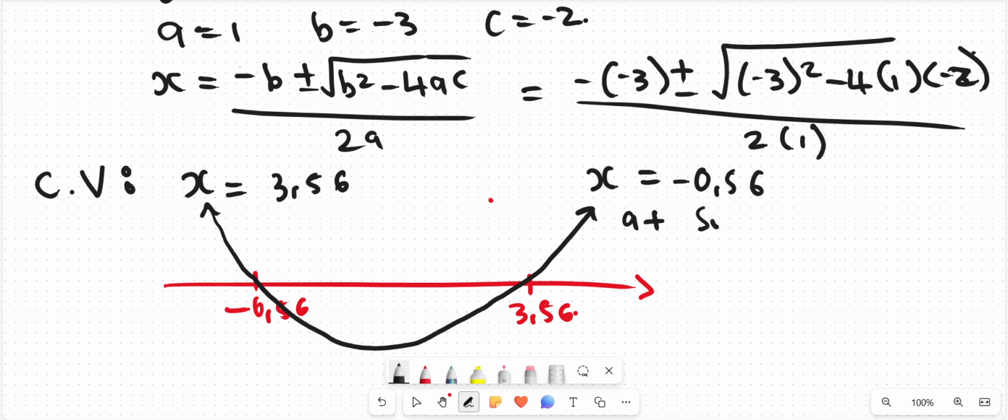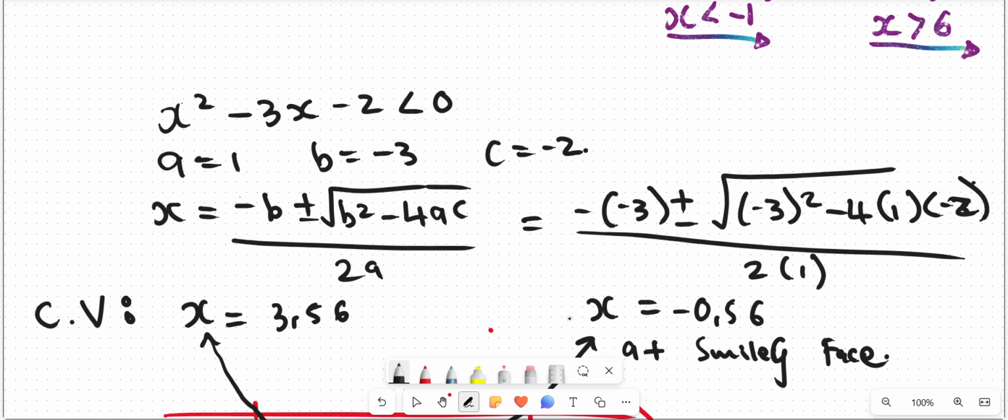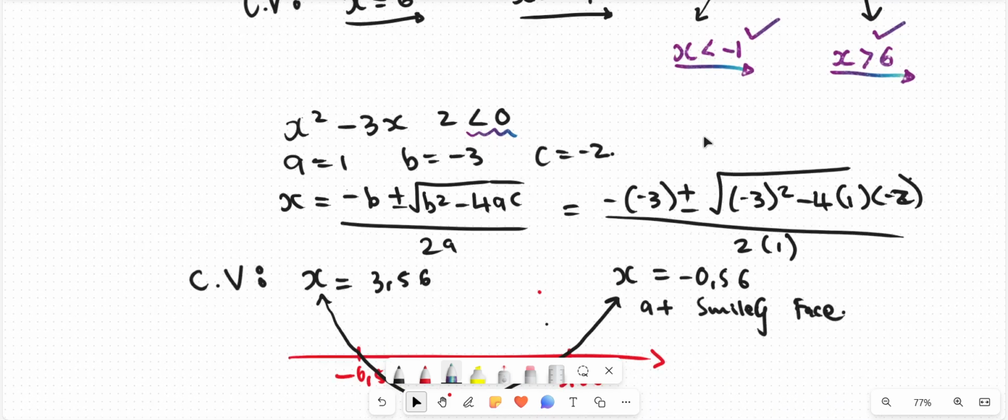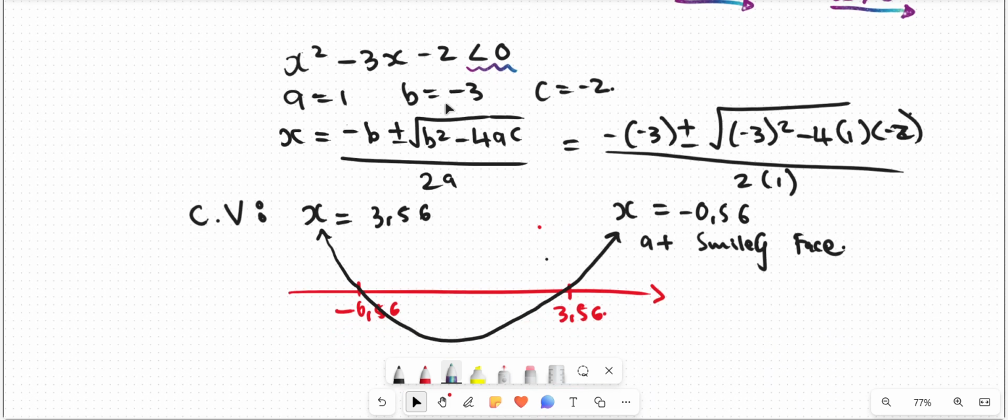Positive A, smiley face. I keep writing this to remind you guys. And then what last thing do we need to look at? We look at the range there. What does it say? It says less than. So less than will be between these ranges, below our x-axis.